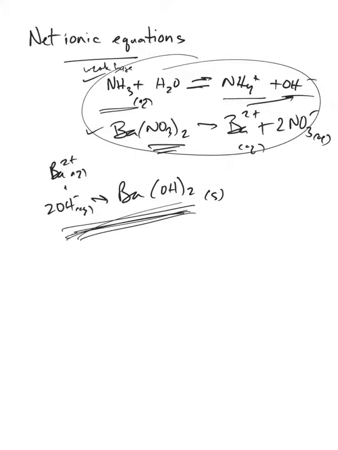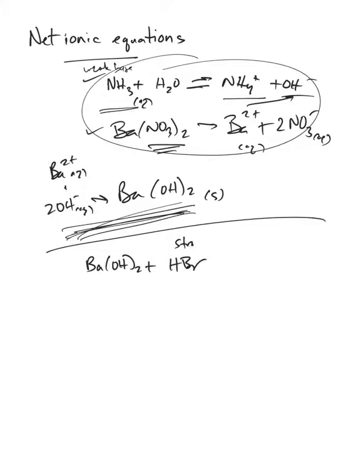Another problem that has to do with net ionic equations, which maybe the solubility rules won't help you with, is a net ionic equation that involves a strong acid and a strong base. So strong acids have an H out in front, and I don't know if your teacher has you memorize them, but this is what we do.